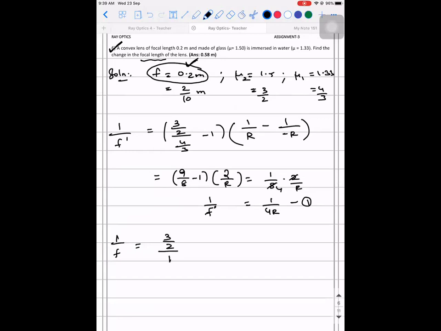So 3 by 2 by 1, minus 1, into 2 by r. I've taken it as f, be careful: f dash is the new focal length, f is the old focal length. It will be the same 2 by r because I apply the same logic. Is there any doubt in any of the steps?